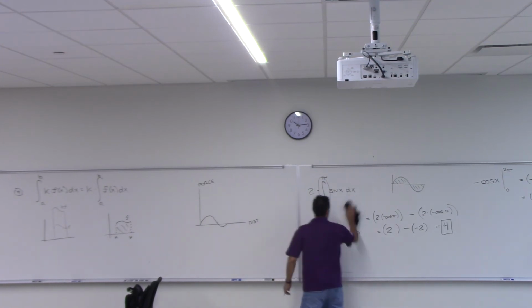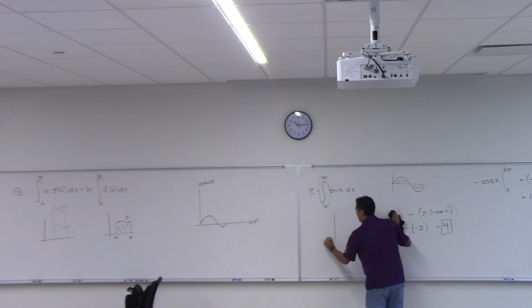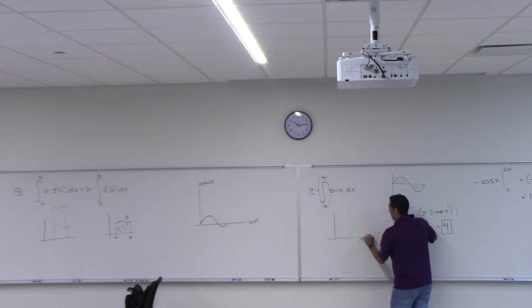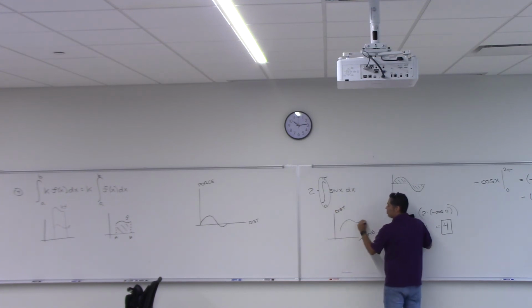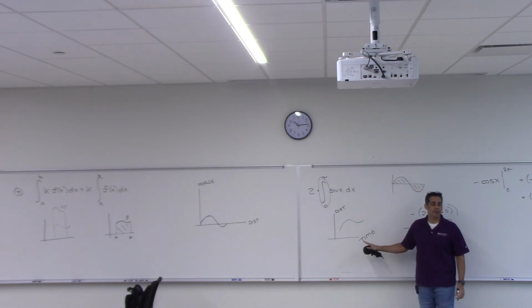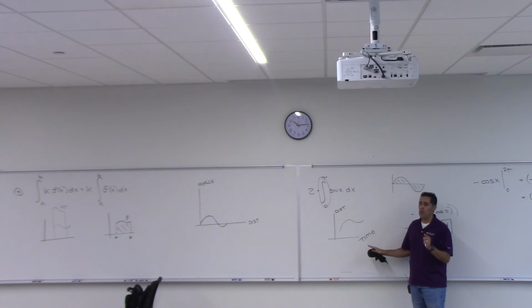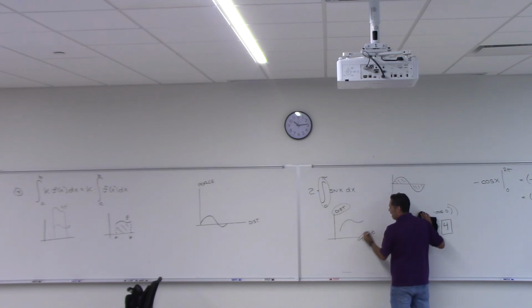I don't want to go too far off on a tangent here. Let me come back to that. Time and distance: if you have a distance versus time function, what's the derivative of this? Velocity. In Cal 1, the derivative of distance versus time is velocity. What you're doing is taking this unit and dividing it by that.